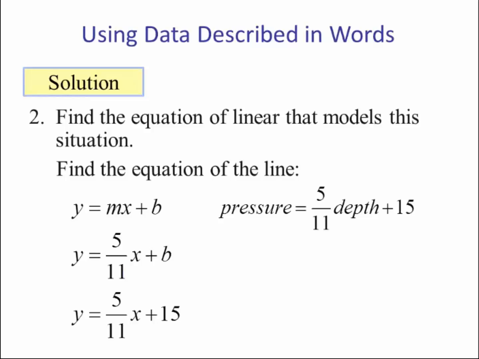To put x and y in terms of the problem, we have pressure equals 5/11 times the depth plus 15, which we could write as P equals 5/11 times D plus 15. And in function notation, we could write it P of D equals 5/11 times D plus 15.